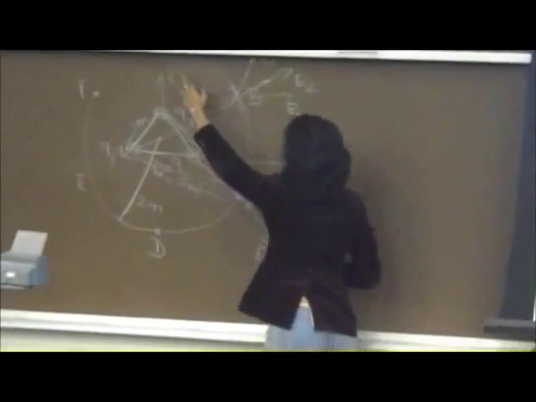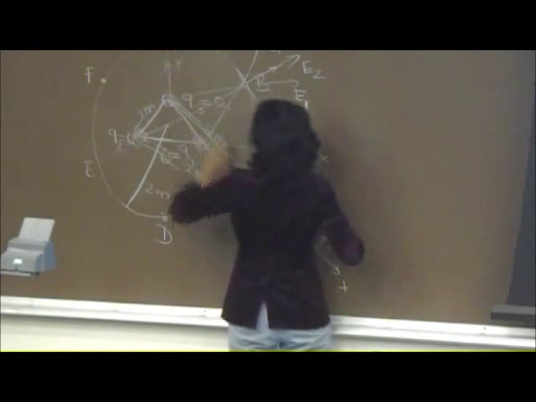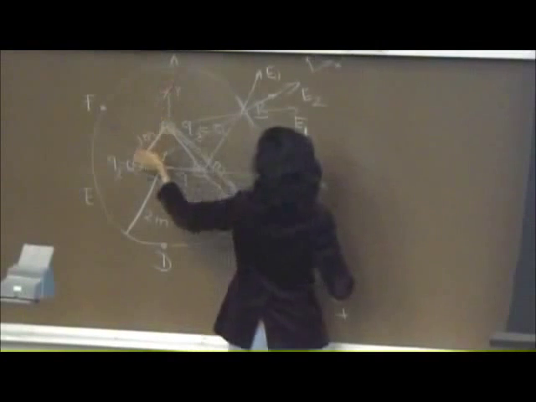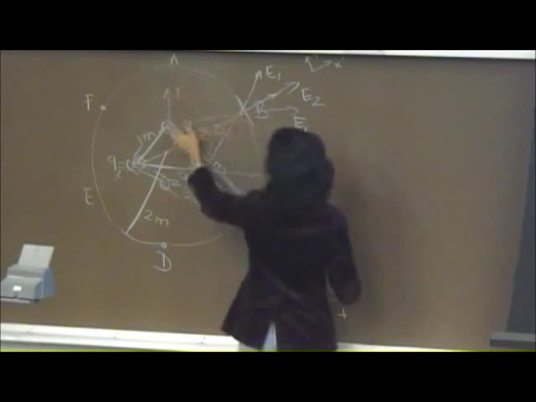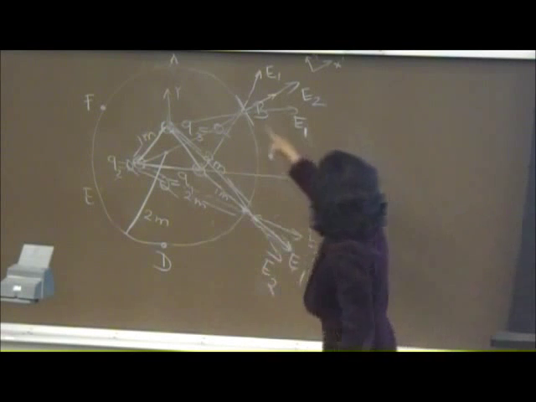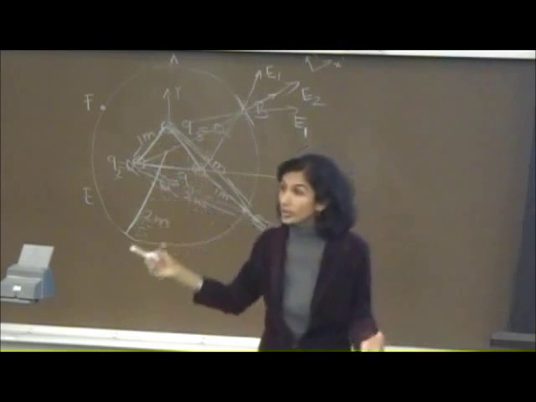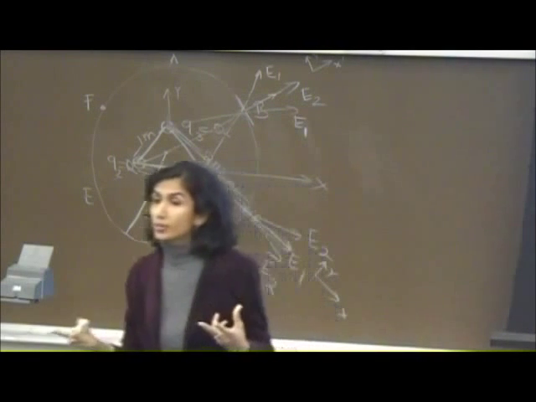I'm trying to find the vector sum of the electric field due to this charge and this charge. The question is, does it necessarily work out to be the same here as here, if I know the rules of adding vectors, and if I know what the electric field magnitude looks like for different point charges? This is conceptual reasoning.